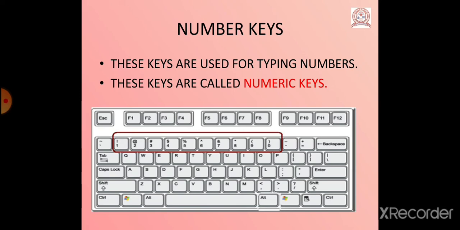On the second keyboard, you have to color both the numeric keys in orange color, means on both the sides, from 1 to 9, you have to color orange. On the third keyboard, you have to color numbers 1, 5 and 0 on both the sides, on both numeric keypads. Okay?